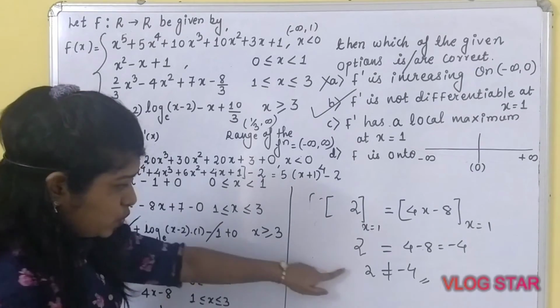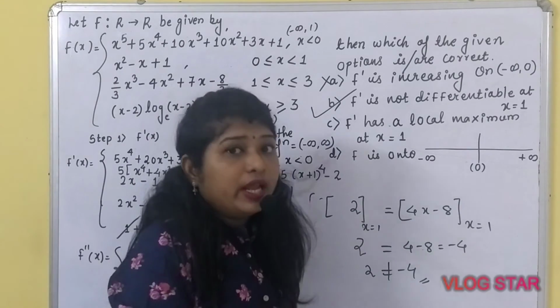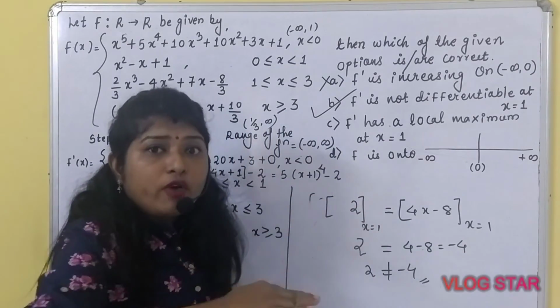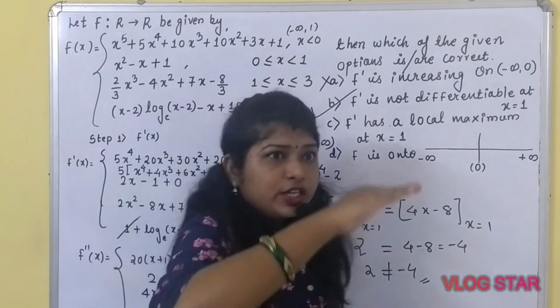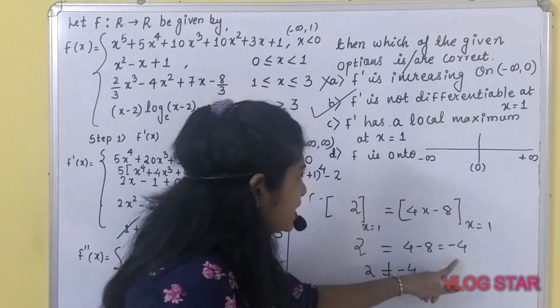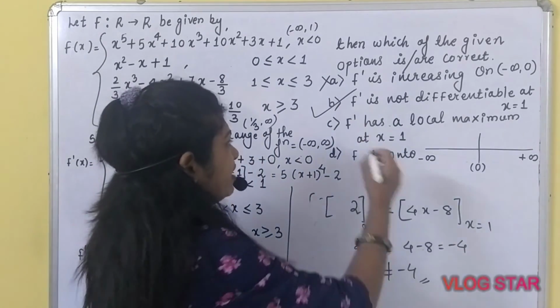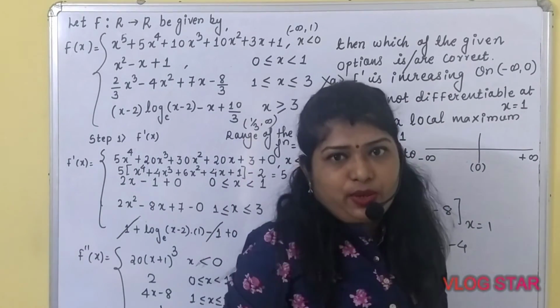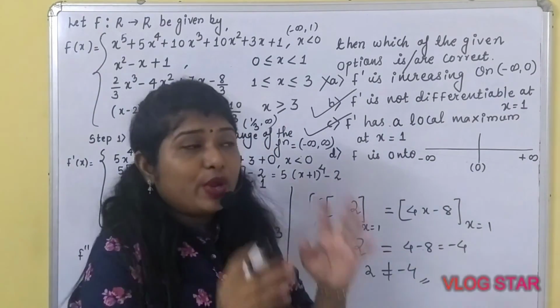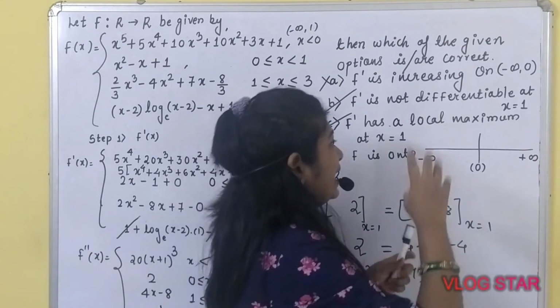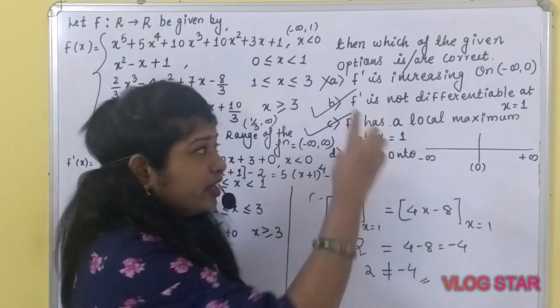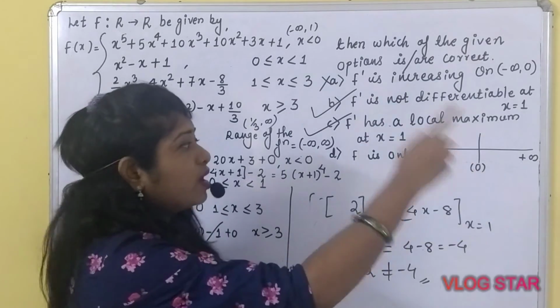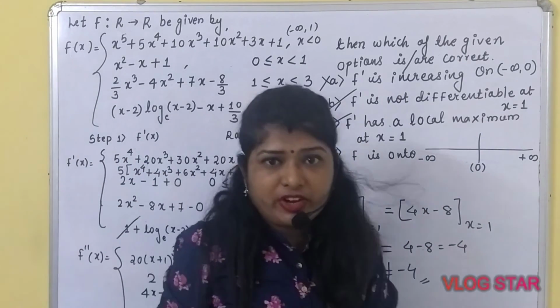It means that the slope will change from positive to negative as this is minus 4. So hence f dash has a local maximum at x is equal to 1. I hope you have understood how to identify whether the given function has a local maximum or minimum.